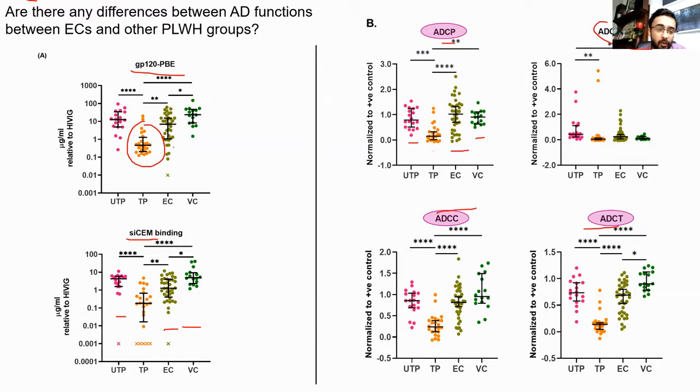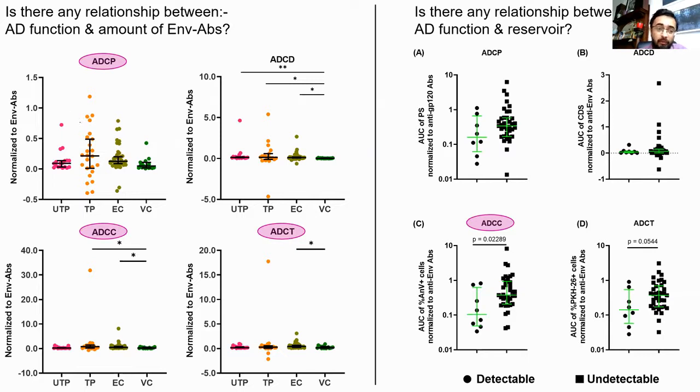Since there was a trend between the amount of antibodies and the amount of functions in these 3 groups, we normalized the amount of functions with the amount of antibodies on a per subject basis, and we observed that the between group differences had completely disappeared for at least the phagocytosis, ADCC, and ADCT functions, which suggested to us that it's the amount of antibodies that drive the amount of functions.